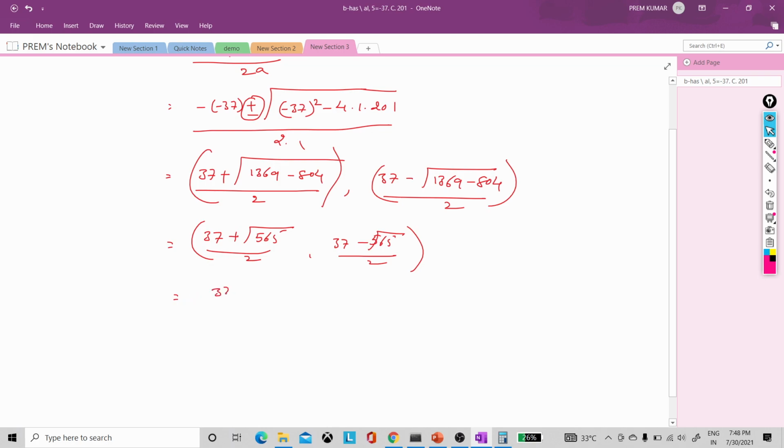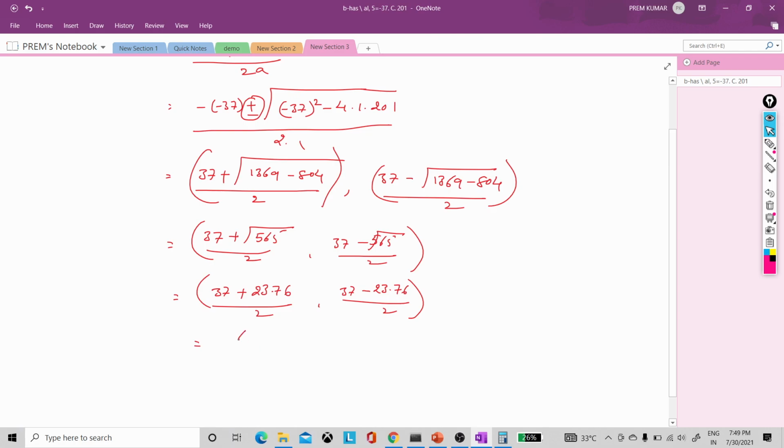So root 565 is 23.76, so 37 plus 23.76 by 2, and 37 minus 23.76 by 2.